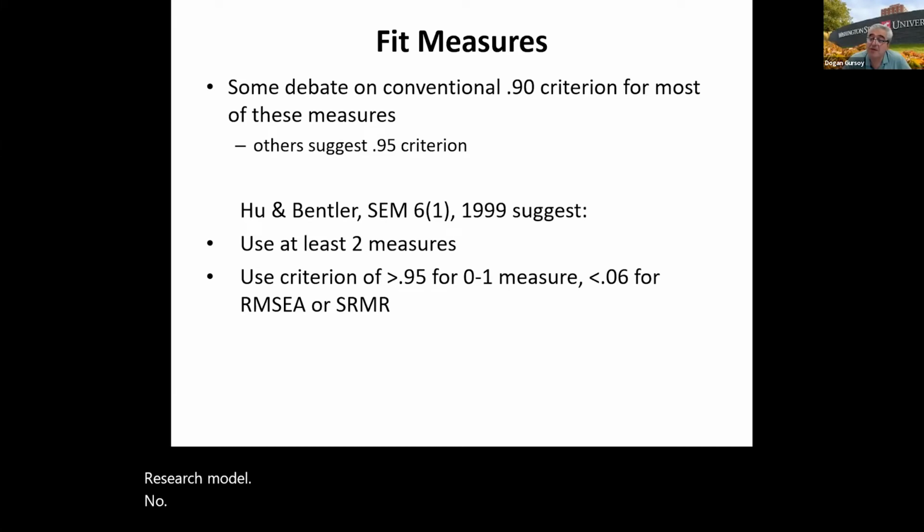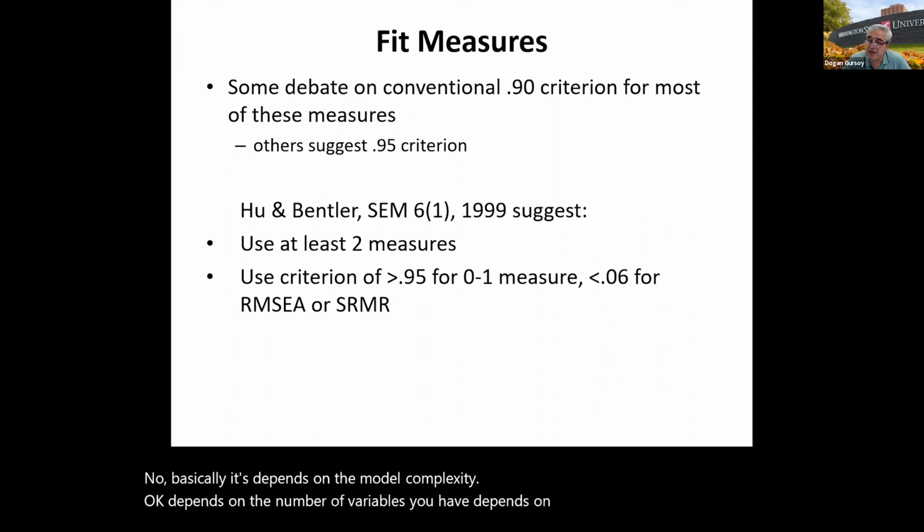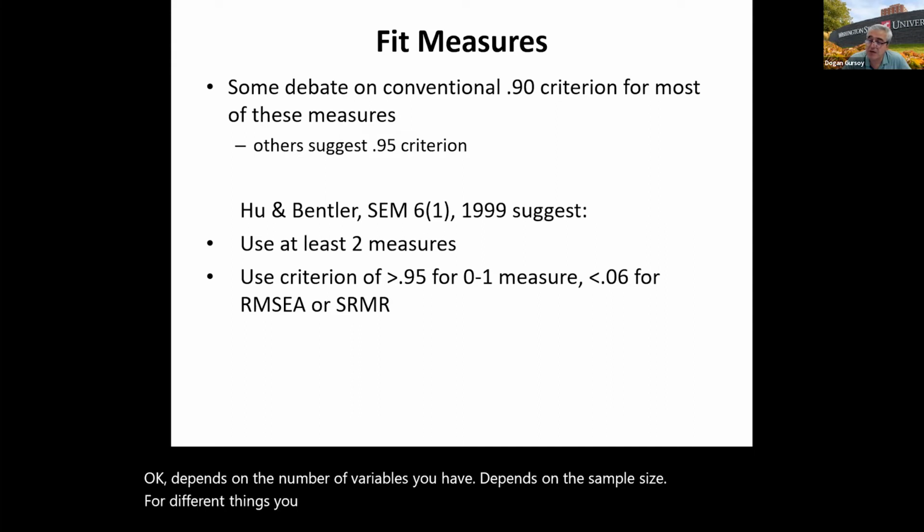So basically, it depends on the model complexity, the number of variables you have, and the sample size. For different things, you can report different fit indices. For complex models, usually everyone wants you to report chi-square and degrees of freedom.